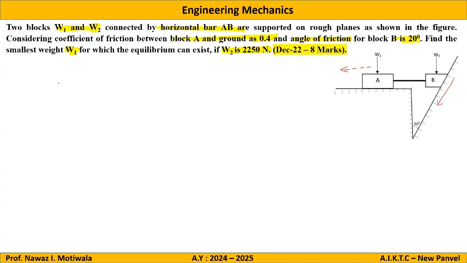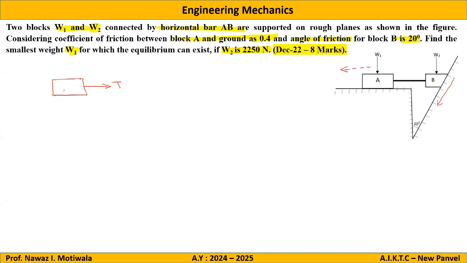Starting with block A, first of all, I will isolate the body from all the contact surfaces. Then the first thing we show is the applied force, which is not there directly, but there is a rod which is connected. So in the rod, we will show a tension force which is directed away from the body. So this is tension T. Then self weight.